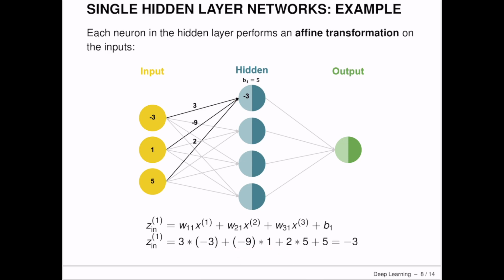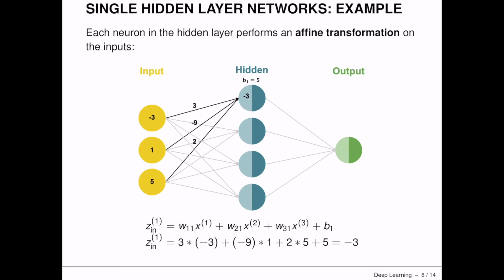And then we would add the third input multiplied by the weight w3,1, which connects the third input to the first hidden neuron. If we sum this up, we have 3 times -3, -9 times 1, 2 times 5, plus 5. This is -3. So this -3 is the input of the first hidden neuron.